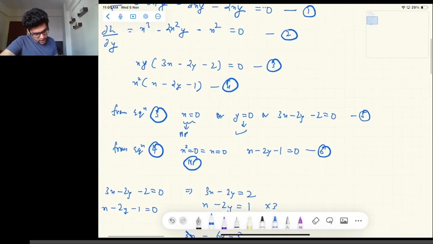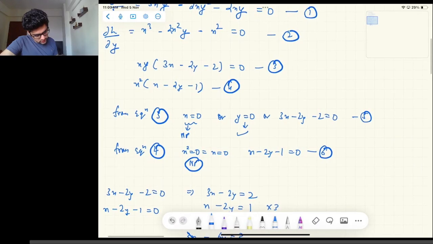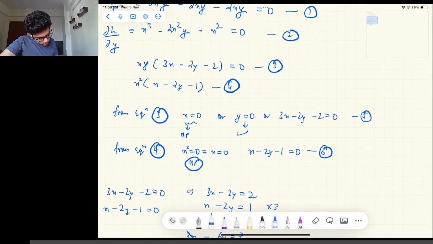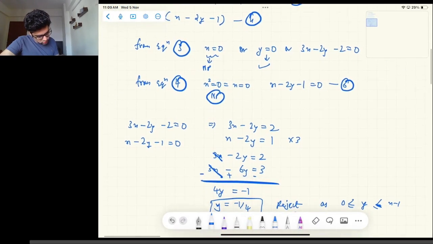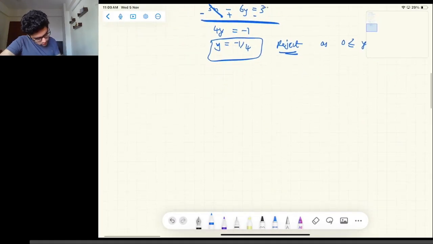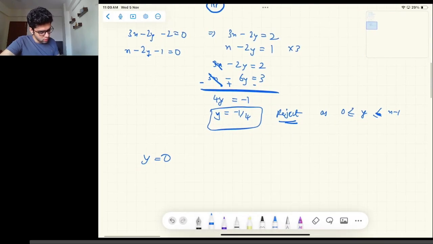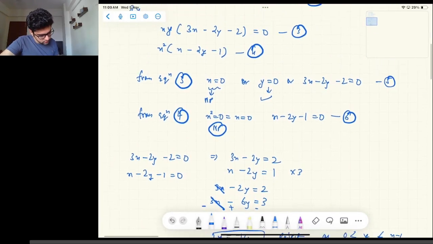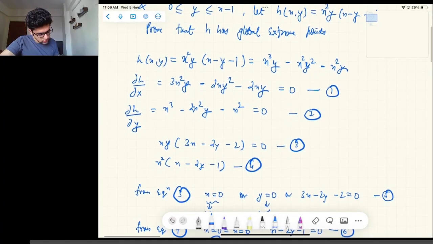So the point that we have finally is y can be 0, only this y is equal to 0 is what we have right now. We don't have the value of x. Let me check my calculation once.